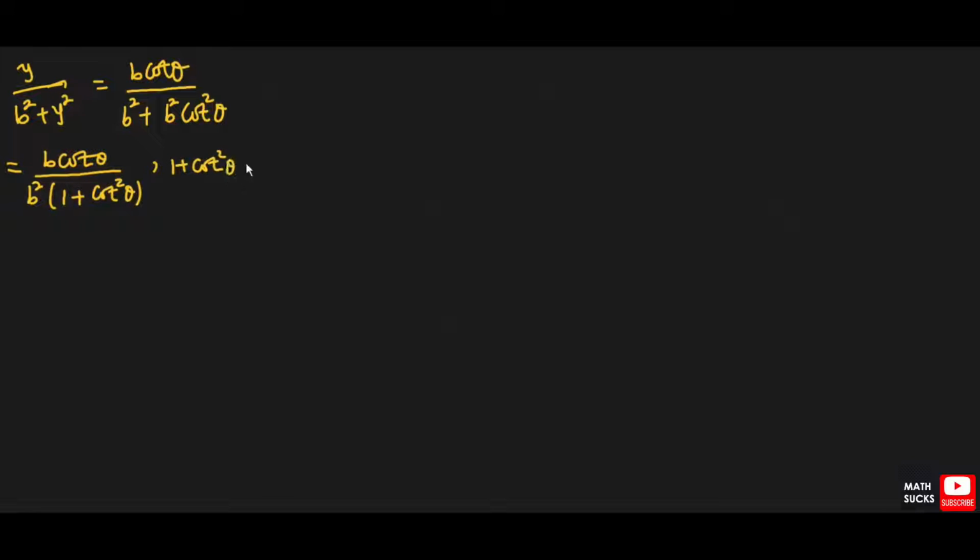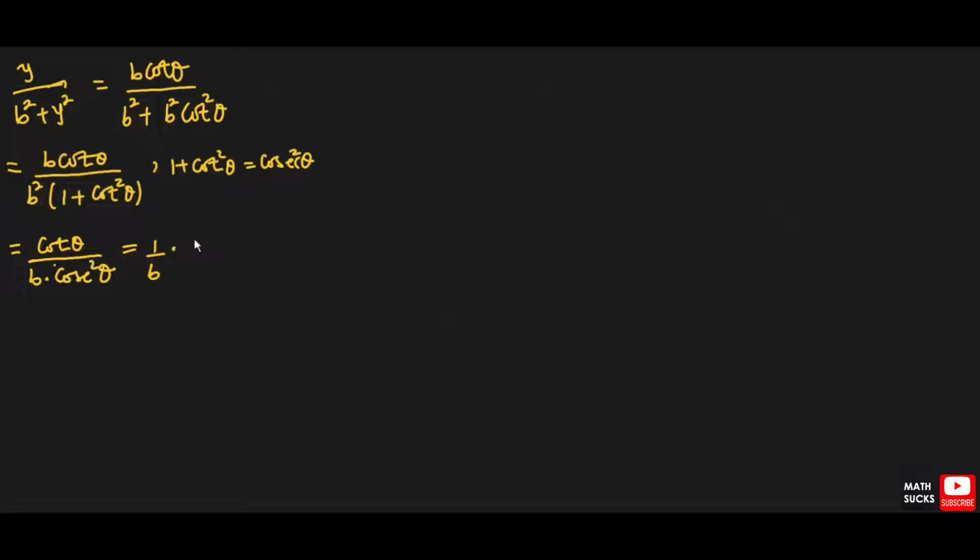And again, just recall: we know that 1 plus cot squared theta is equal to the cosec squared of theta. So I can first reduce the b's here, and then I have the cot of theta over b times cosec squared of theta.